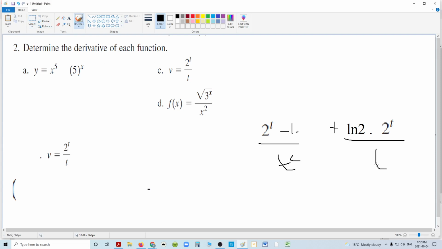Now I have a choice. I can either put them on the same common denominator and add the numerators, or I could factor something out of both. I can see that I have 2 to the t out of this one. Oh, no, I can't. Yeah, it's times minus 1, so it's minus 2 to the t. And this is a plus here. So I can take 2 to the t out of this one, and I get 1.